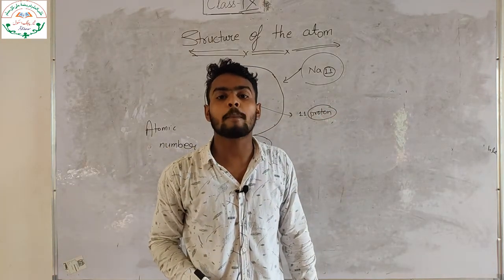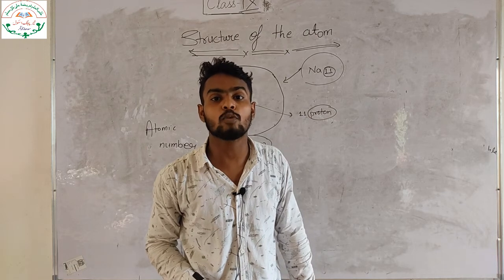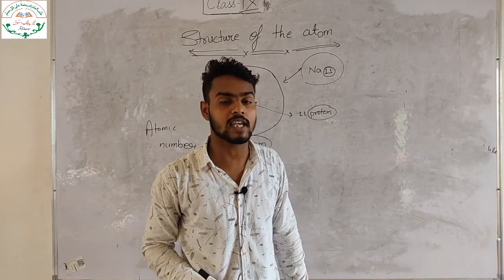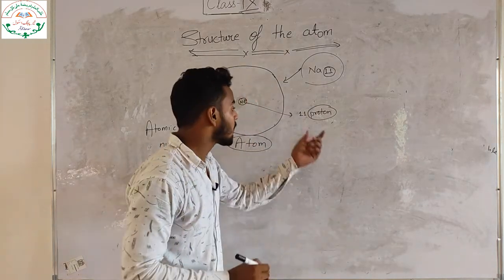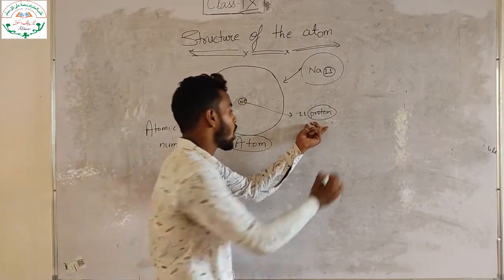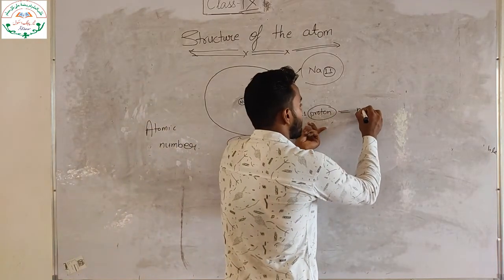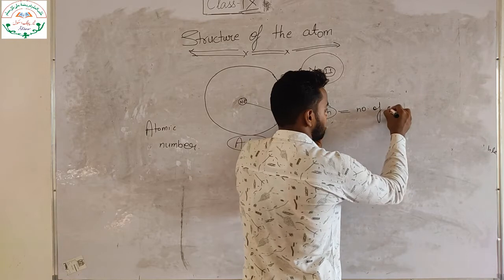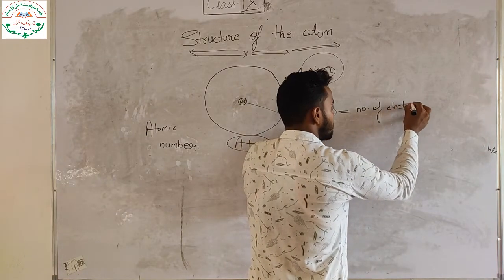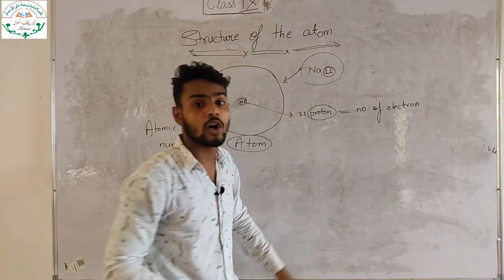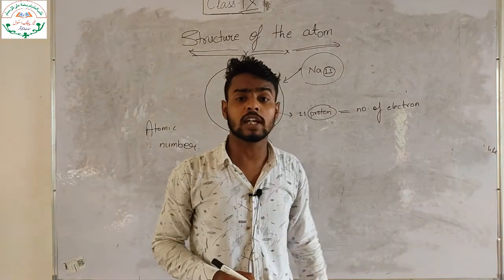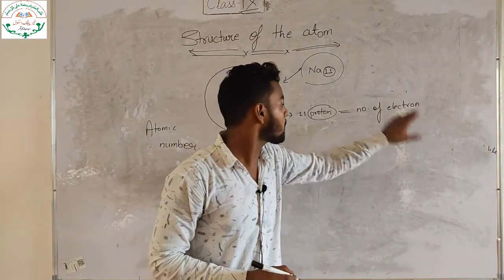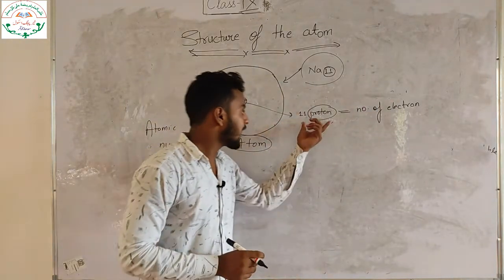Bohr's atomic model also says that the number of protons is always equal to the number of electrons.